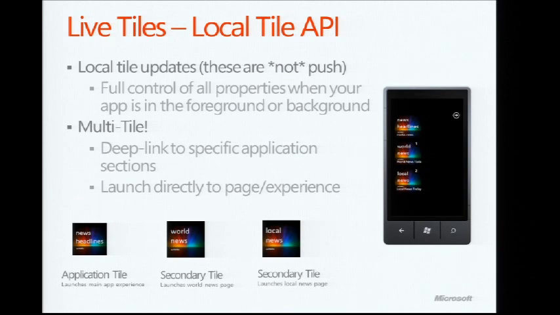But maybe I am a sports fanatic, or I want to stay on top of world news. What you can do is allow the end user to pin that particular section of your app directly to the start screen. And then when they click on that secondary tile, you give it a deep link so that when it starts, it doesn't go to your home screen, it goes directly into sports or world news or whatever, right?